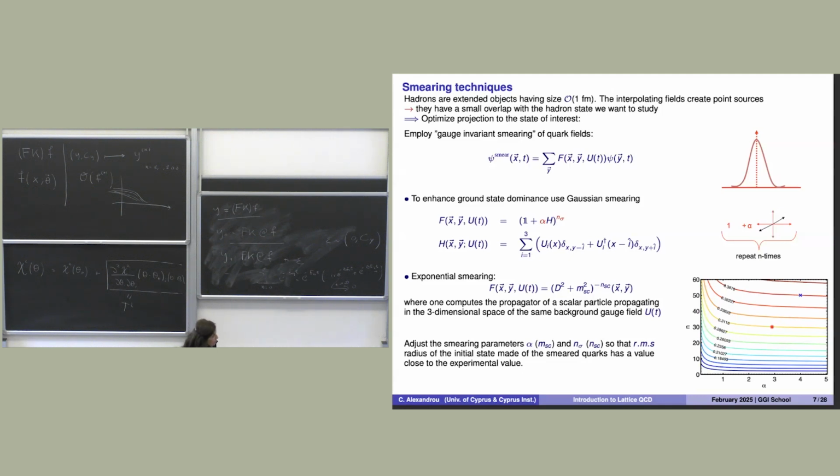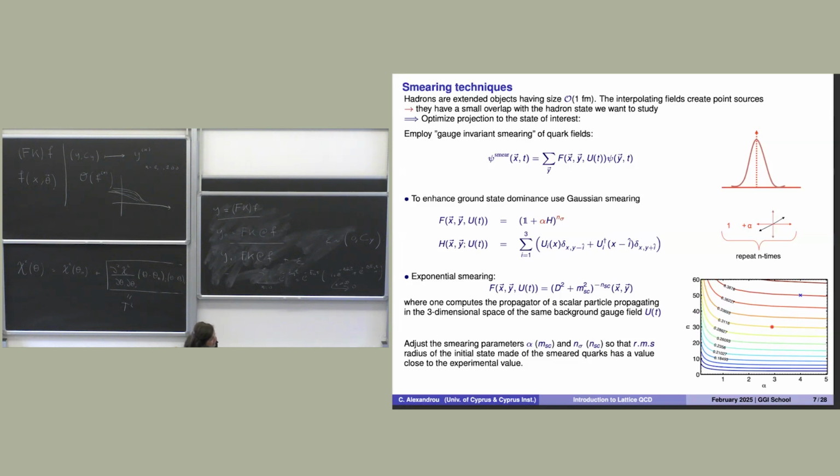And I probe the RMS as a function of these parameters. I have two free parameters, alpha and N. This is N, and this is alpha.